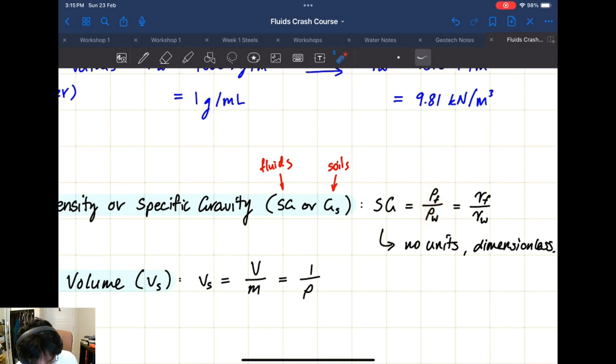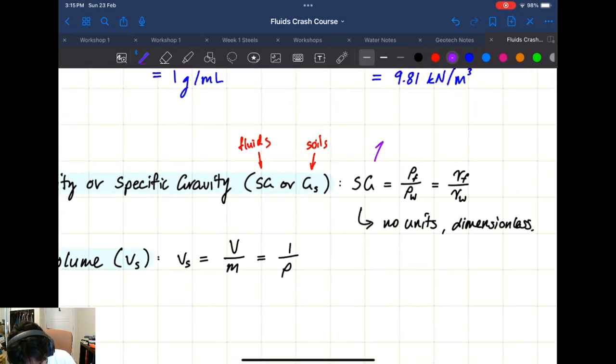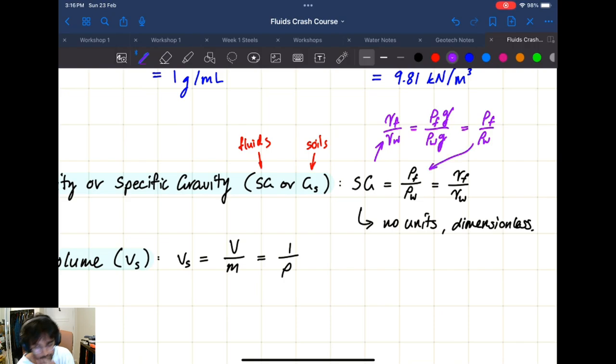Now there's an equivalent equation: the unit weight of the fluid divided by the unit weight of water. The reason for this: the unit weight of a fluid divided by the unit weight of water is just rho, the density of the fluid, times g, over the density of water times g, and the g's cancel out, so you get what we have over here.